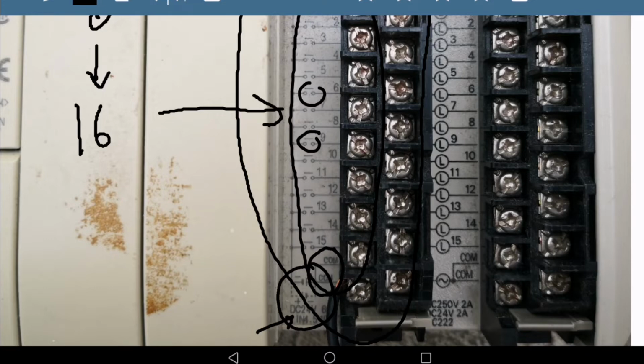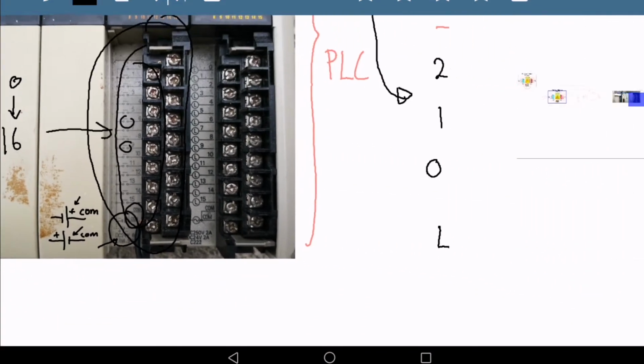It is like this, COM, and another one you can make like this, plus here common, or plus here common. You can set the one to be connected to plus, to positive, or the common to negative, on the input module. Right, so now we go back to the drawing.